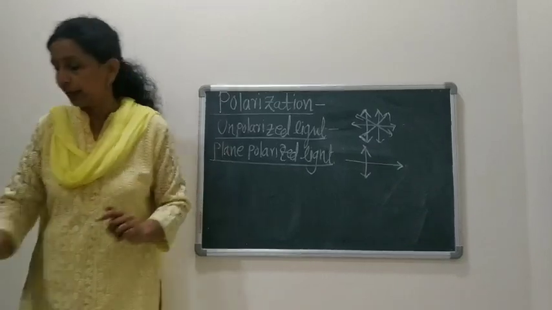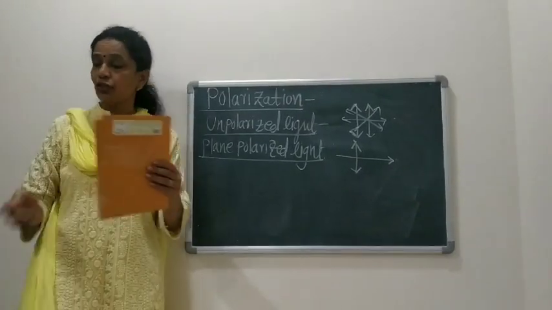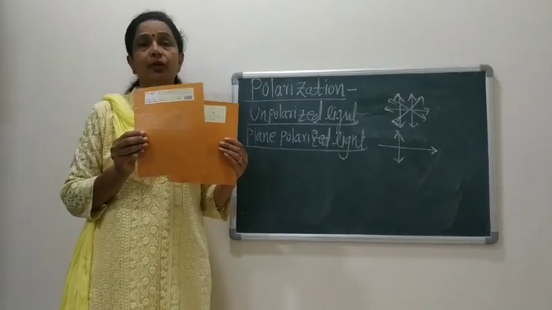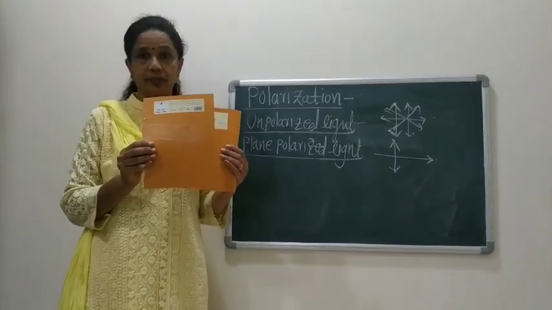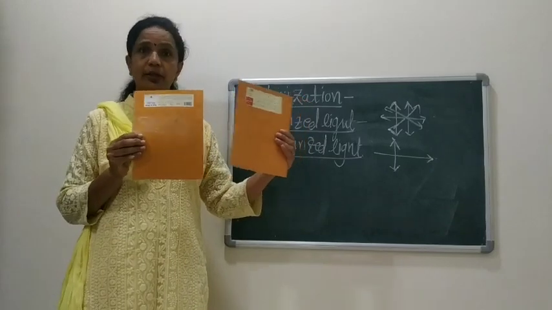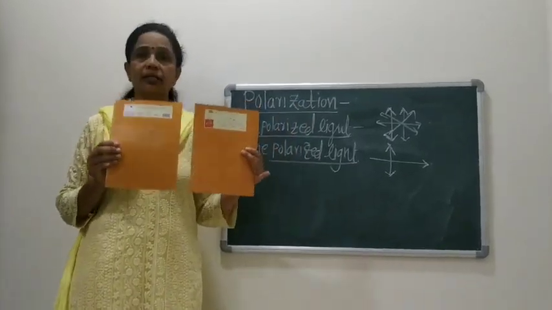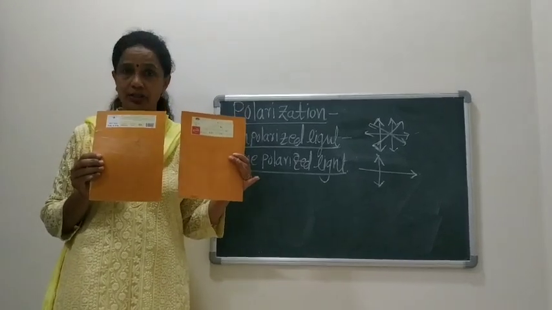Then what is the polaroid? Then a polaroid consists of two transparent brown color sheets. It is not transparent, but consider that these are two transparent brown color sheets.